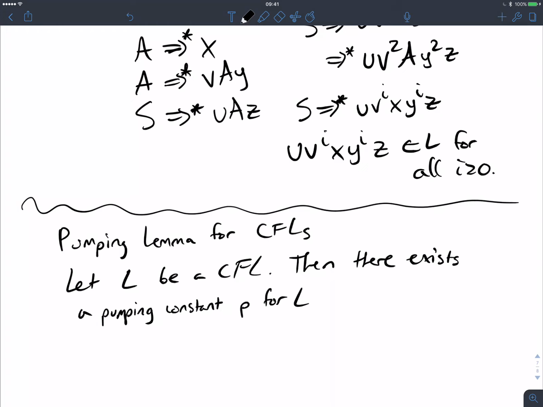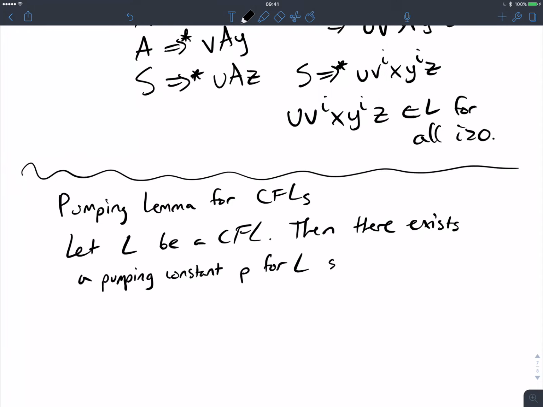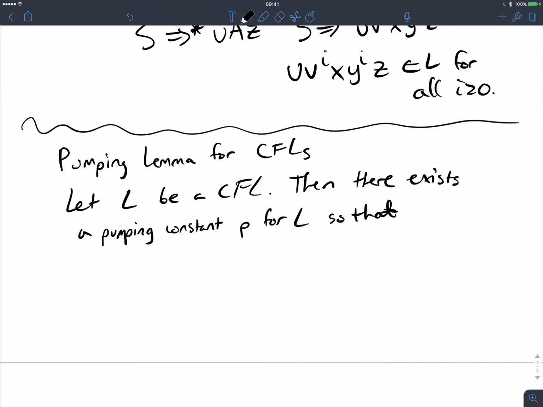Well, we had to guarantee that there was a repeated variable. Well, how did we make the tree so tall? Well, we made it tall because we considered a string in the language of the grammar such that it has length longer than a certain value. So we need to look at all of those strings. For all W in L with length of W at least P.